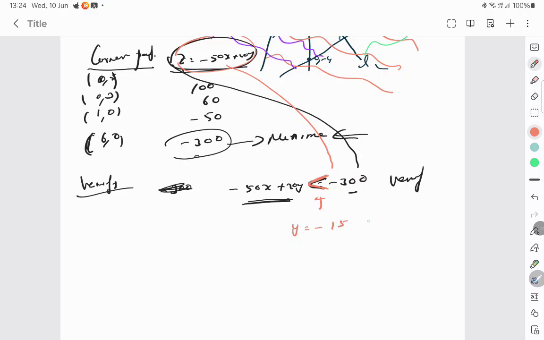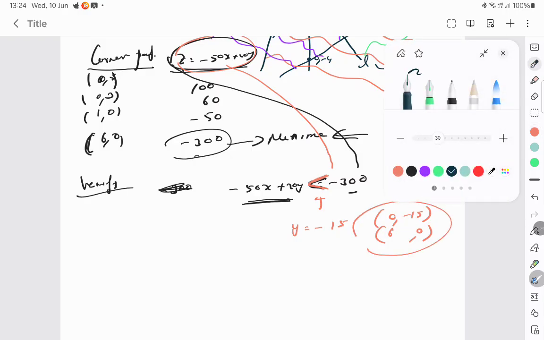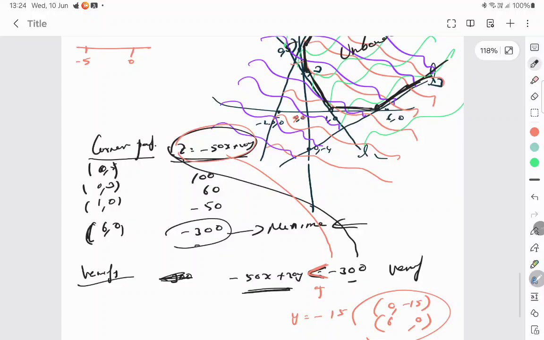If y is 0, what is x? x is 6. So you get 0 comma minus 15 and 6 comma 0 as the points. Very important sum: take the point 0 comma minus 15, it will come somewhere here. 6 comma 0 is here. Join these and draw this line.